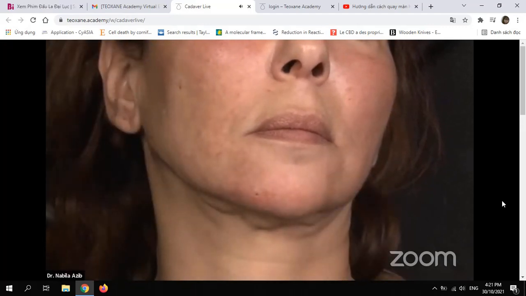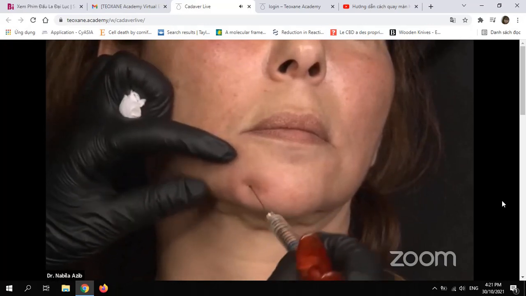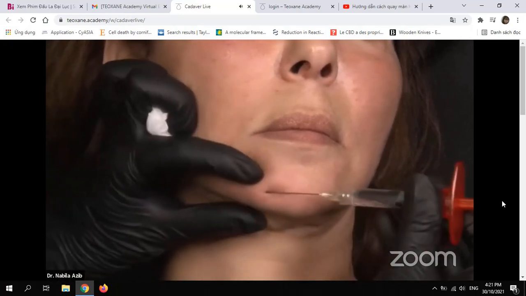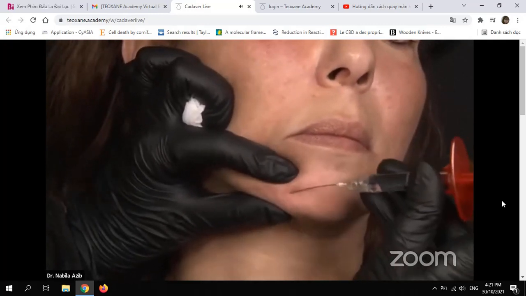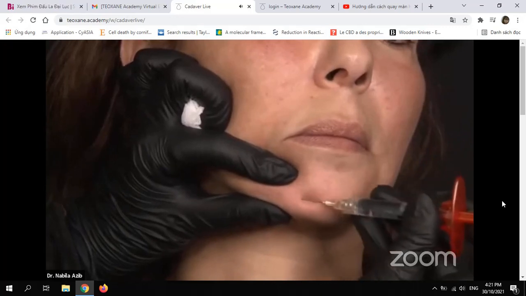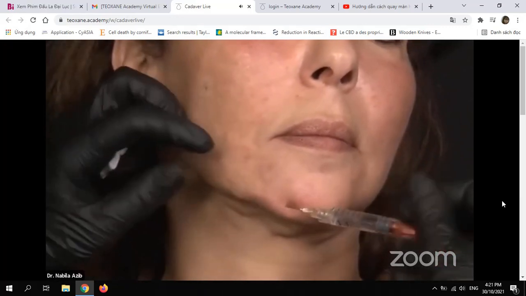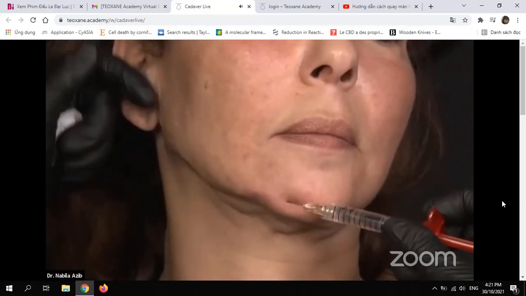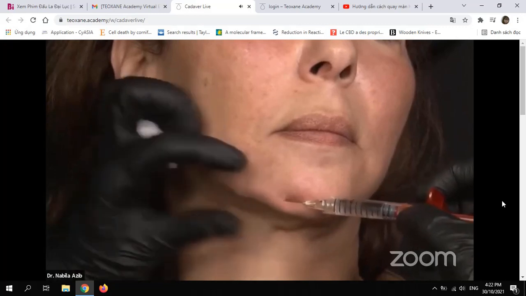And one more question, Nabila. So in your opinion, what is better to use in the lower third, hyaluronic acid or calcium hydroxyapatite? Both are possible. Look, we had a nice result with the dedicated product for those areas with HA.